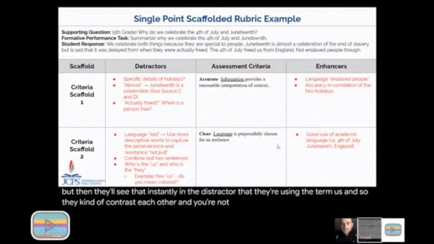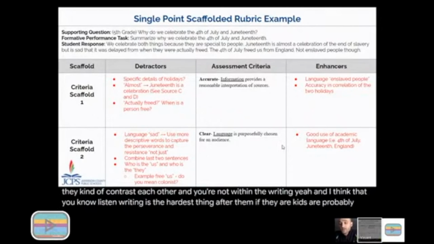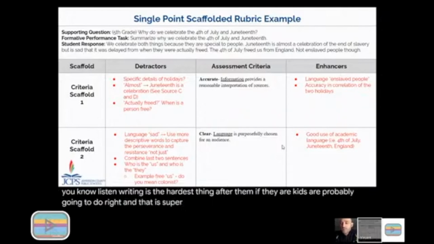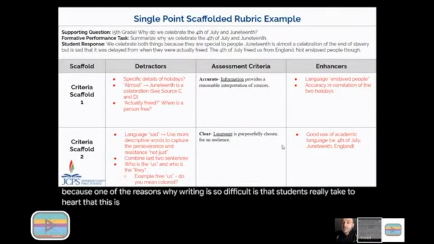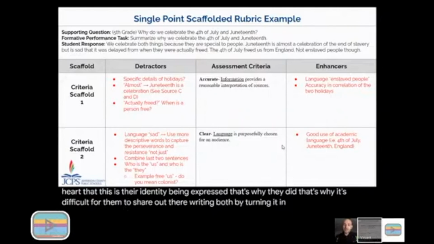Yeah, and I think that, listen, writing is the hardest thing academically our kids are probably going to do, right? It's super important for us to make that a central element, because one of the reasons writing is so difficult is that students really take to heart that this is their identity being expressed. That's why it's difficult for them to share out their writing, whether by turning it in or by verbalizing it in some way.